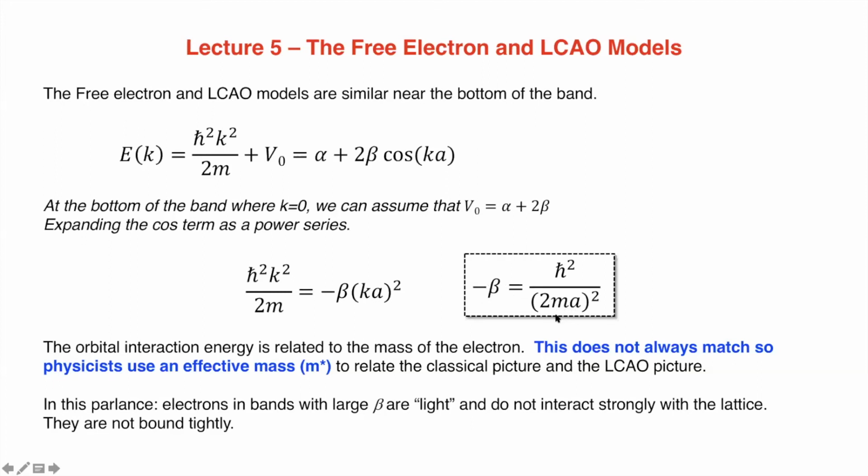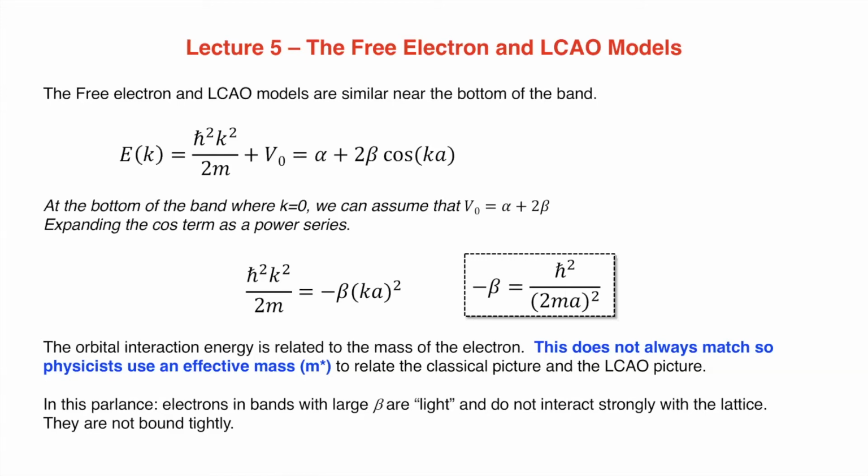And so they say, okay, well, that says that there's something different about the material that's changing the effective mass, and that is somehow related to the influence of the binding of the electron to the lattice. And so we're going to use a fudge factor called effective mass to relate this orbital interaction strength to the free electron picture. Okay, so let's not get too worried about all the justifications for that because it takes too long to really work through it all.